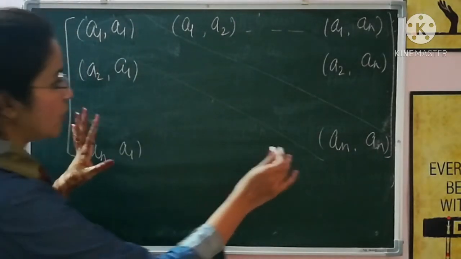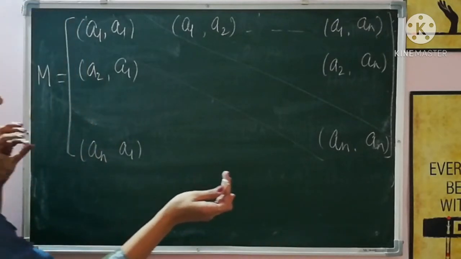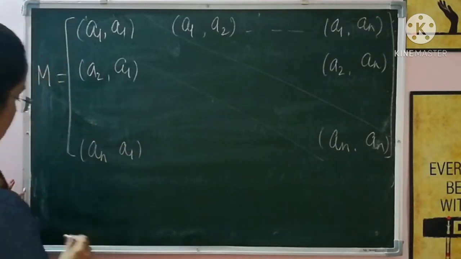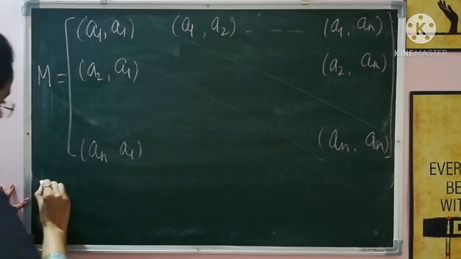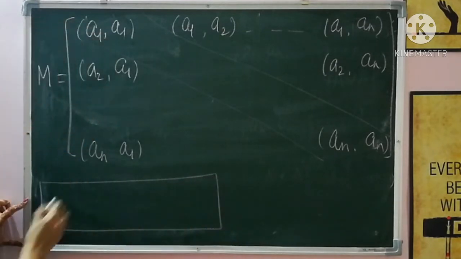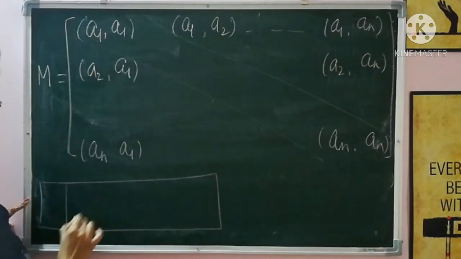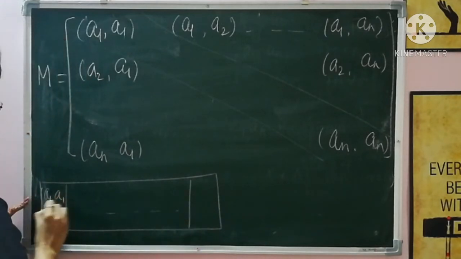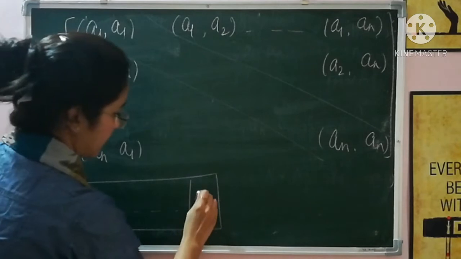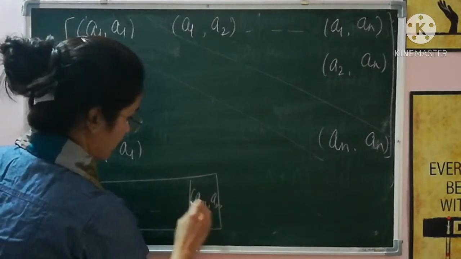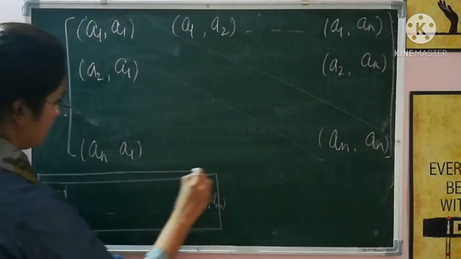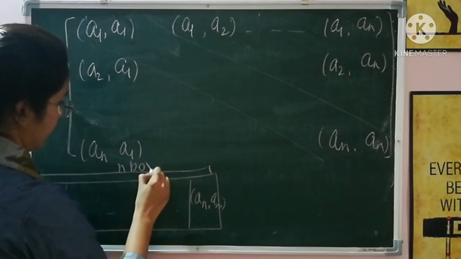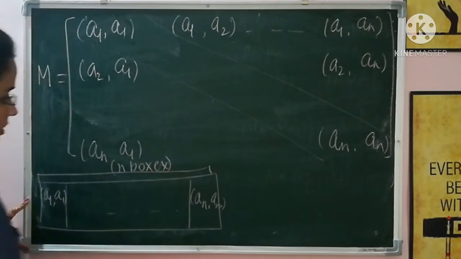This matrix can also be written in this form, where I am extracting these n diagonal elements. These are n boxes, and I am writing these elements separately here.